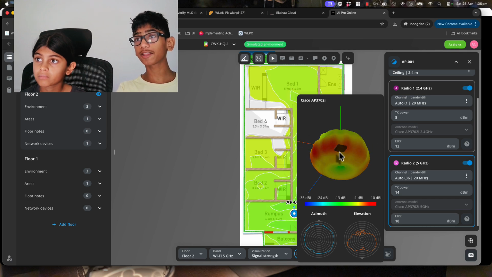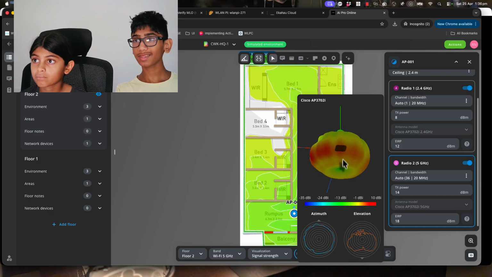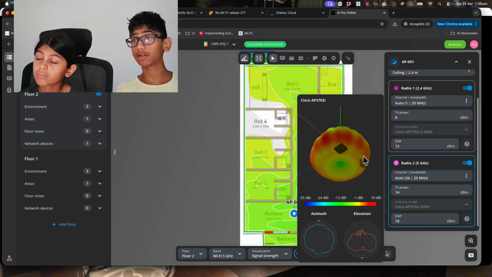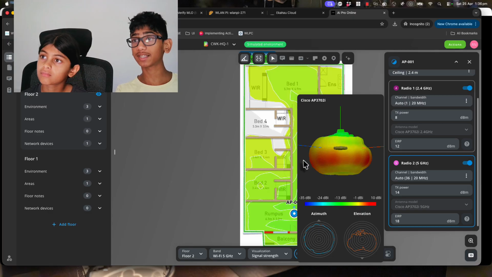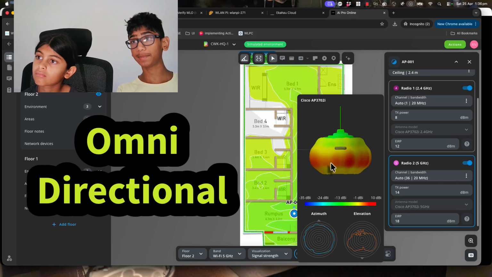So if we go directly below it, we can see that it's green here. That actually means it's like a donut shape, and it goes in a 360-degree radius. And when an AP emits strong signal in 360 degrees, it's called an omnidirectional AP.